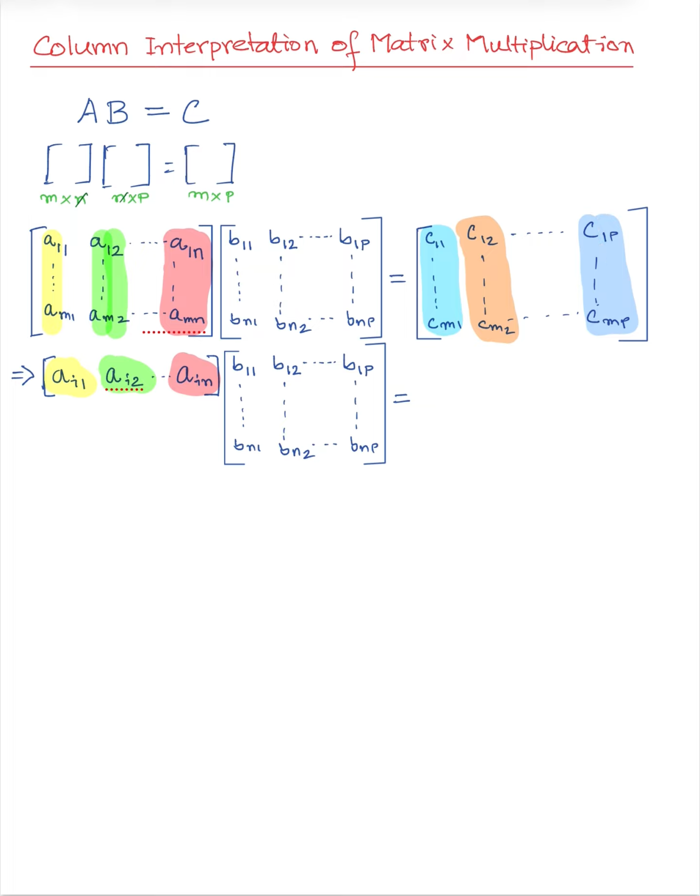Again, we can write this in a similar way. So this is gonna be C, and we can write CI1, CI2, and CIP.